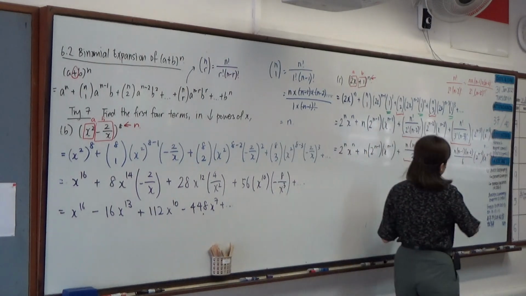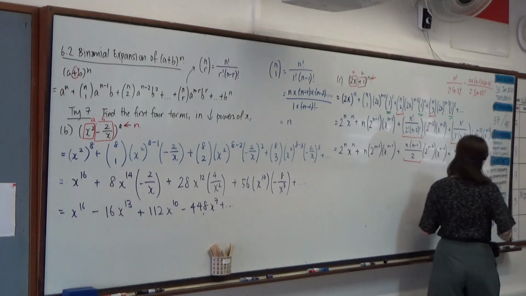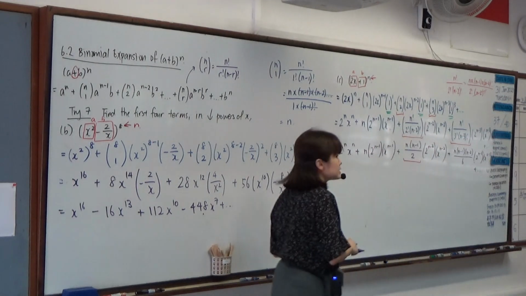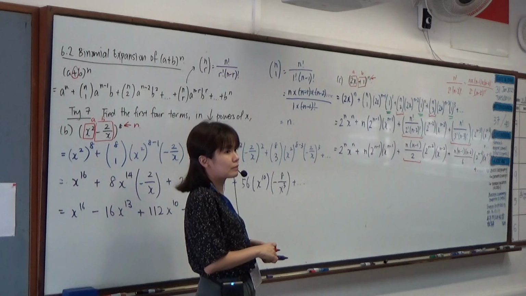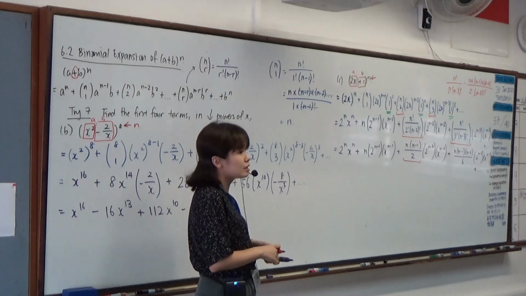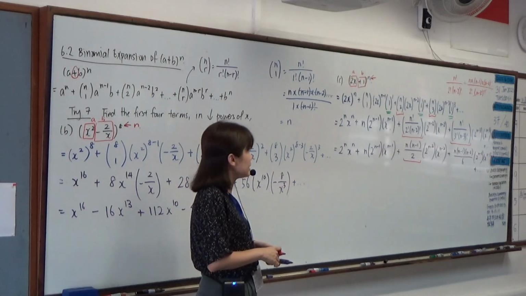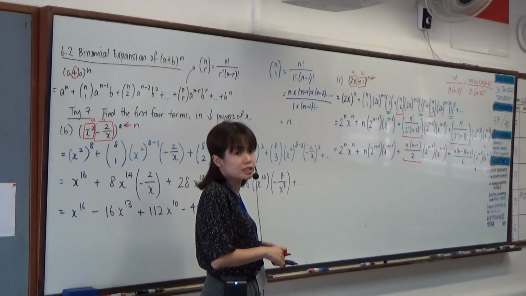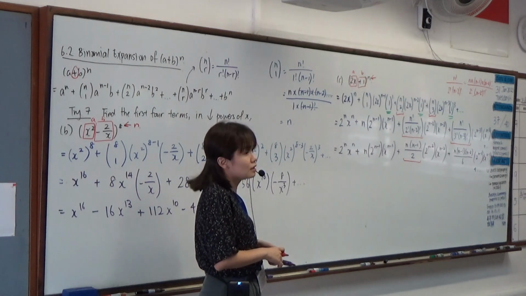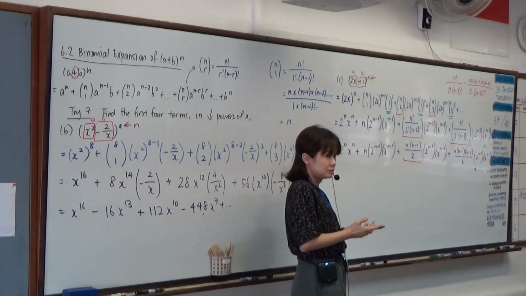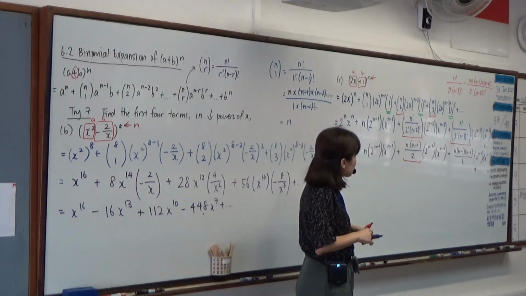Don't forget to have your plus dot dot dot, just have to have the space. Definitely very tedious, but I hope that you're following. Any questions at this juncture? Not yet done. Why is it not done yet?